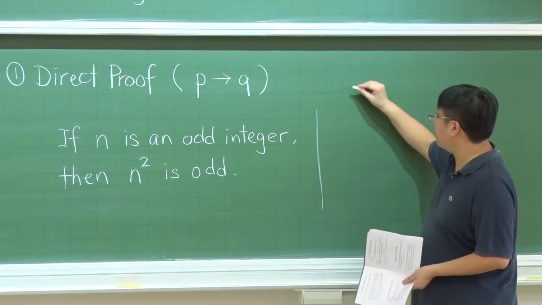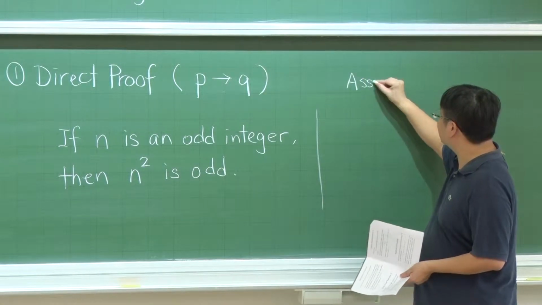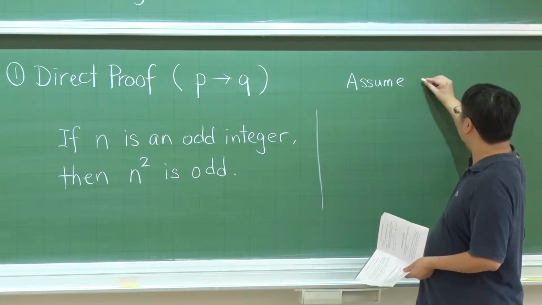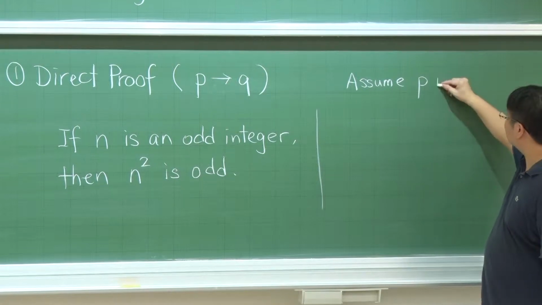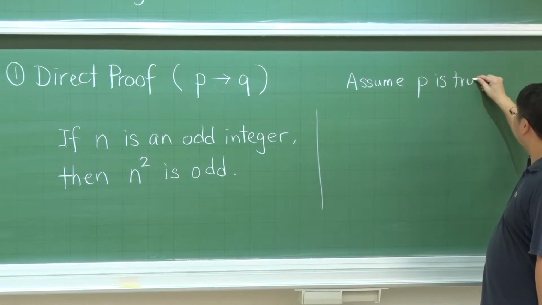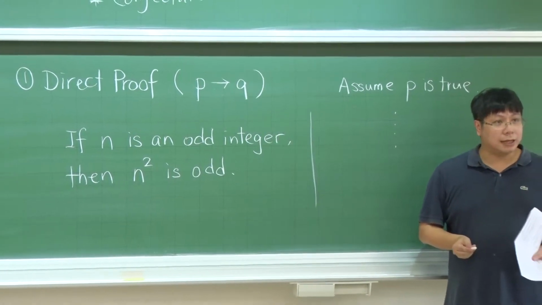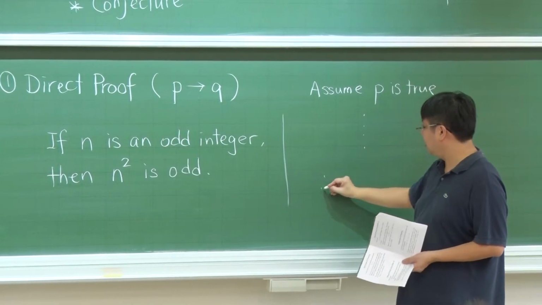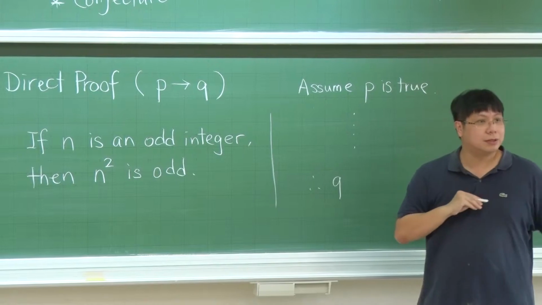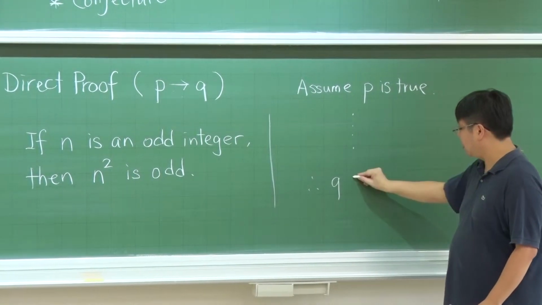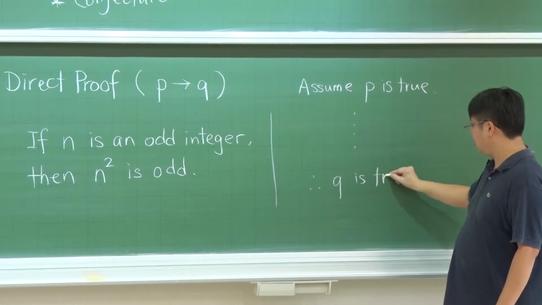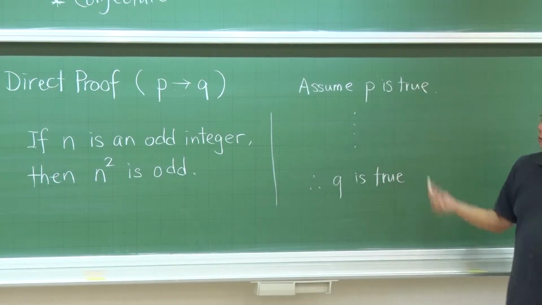So the strategy is very simple. We assume P to be true, and after some steps, some reasoning, we get Q as a conclusion. Then this is done.